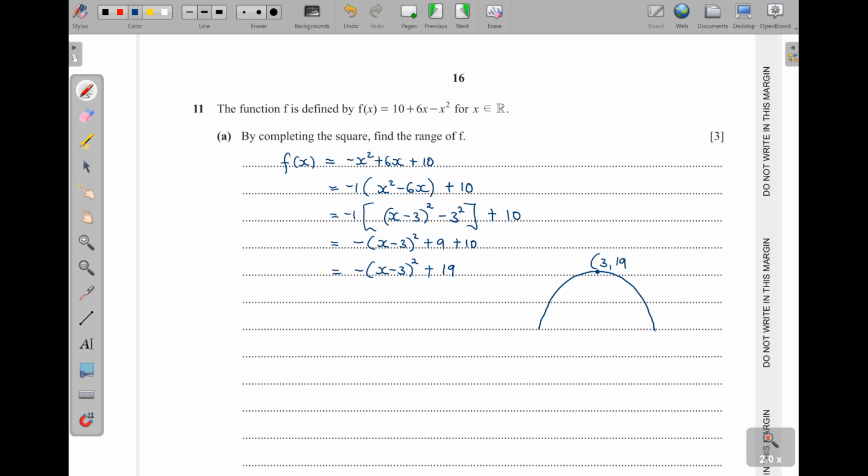Now, the range, we can see that all the values of y here are going to be below this 19, so this is the maximum value of y, the rest are going to be below. So this simply implies that the range of f is going to be f of x less than or equal to 19.